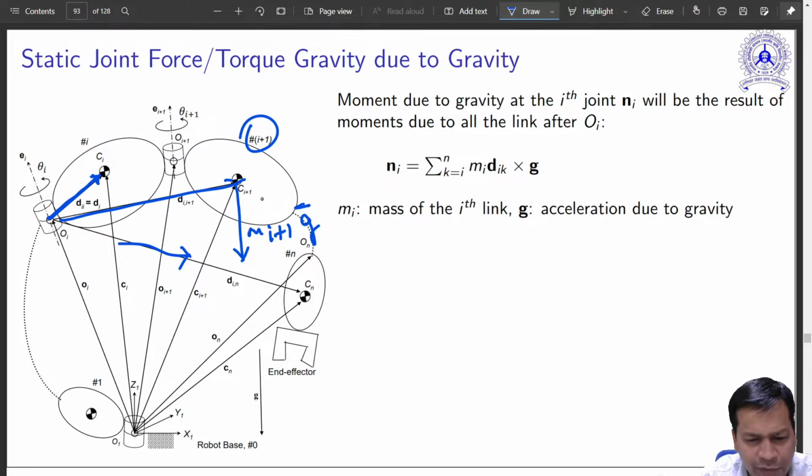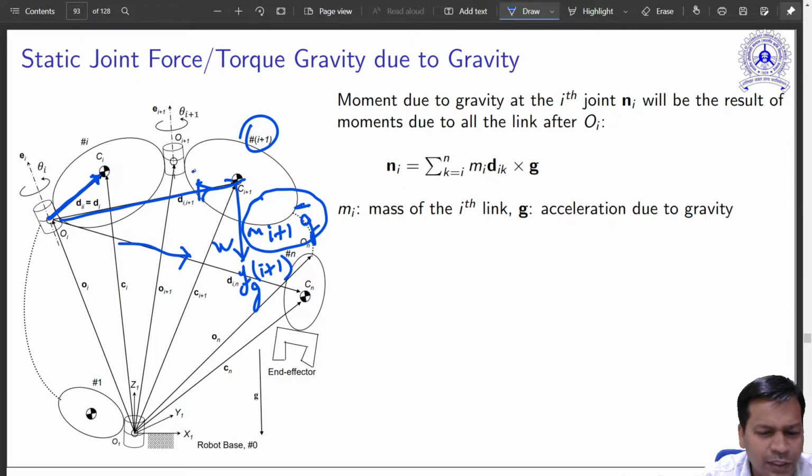So this effectively is the force vector, the force due to gravity for the i+1th link, acting like this. This position vector is known. If the force vector and position vector are known, you know how to calculate the moment that is acting over here.